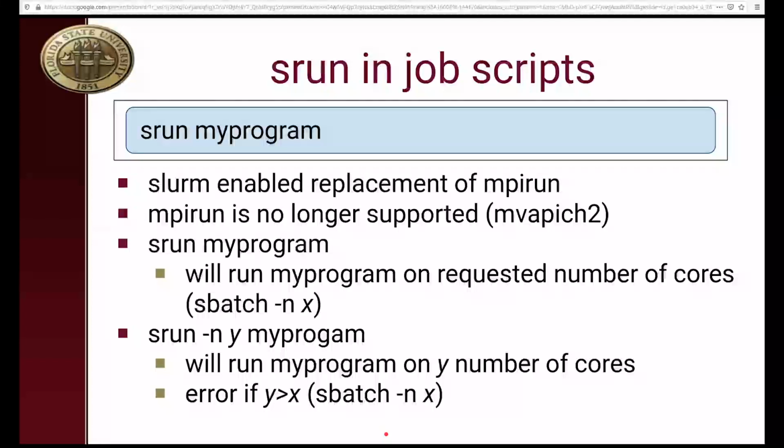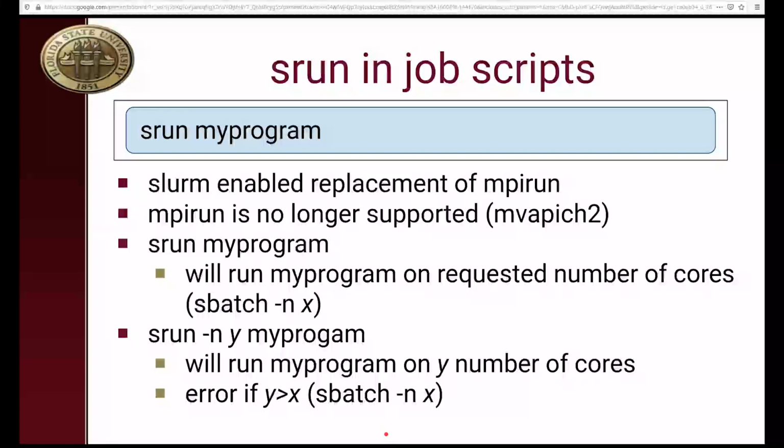Slurm came with a replacement for mpirun called srun. And for example, MVAPICH2 doesn't even provide mpirun anymore. So if you have a job script with a parallel program, you have to start it with srun, which is kind of confusing. You submit it with sbatch, and then you call srun.